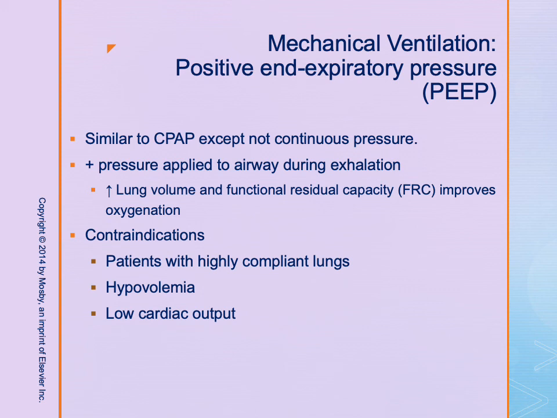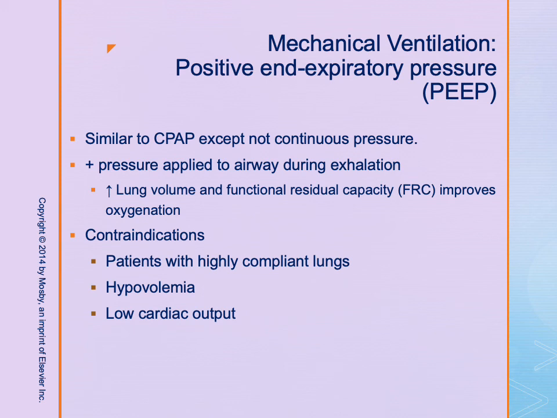PEEP is contraindicated or used with caution in patients with highly compliant lungs. These are lungs that have increased elasticity, which might lead to overstretching and damaging of the alveoli. In the case of hypovolemia, a patient may have decreased cardiac output due to decreased fluid volume.